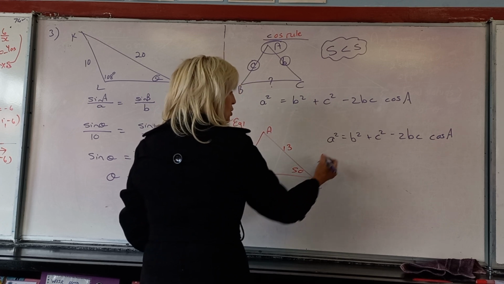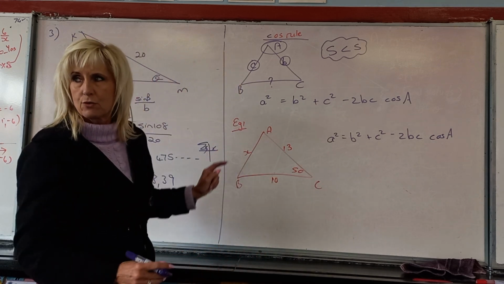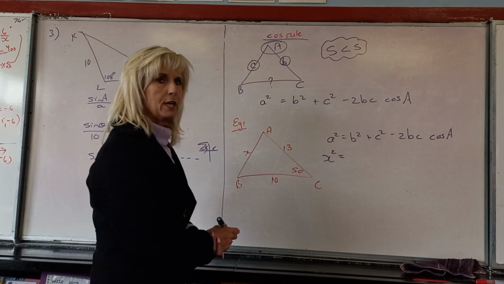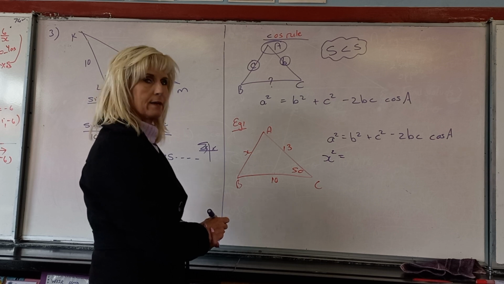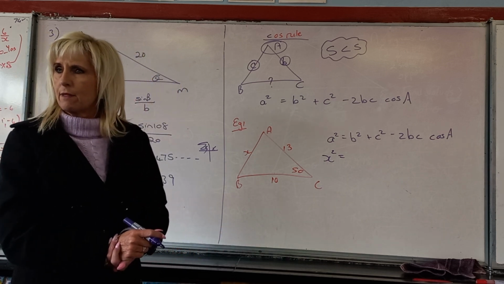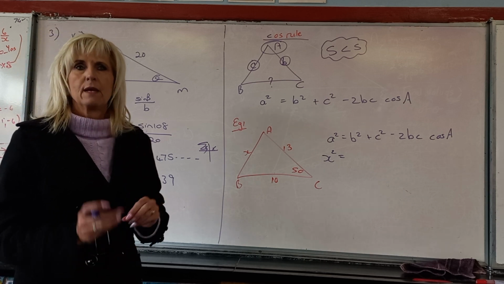So let's substitute. So I'm looking for x, right? Yes, ma'am. Or if you wanted to write AB, that's also fine. But you're looking for x. So x squared would be equal to which side? 13 first and then 10, or 10 first, then 13? Doesn't matter. The two sides and the included angle.